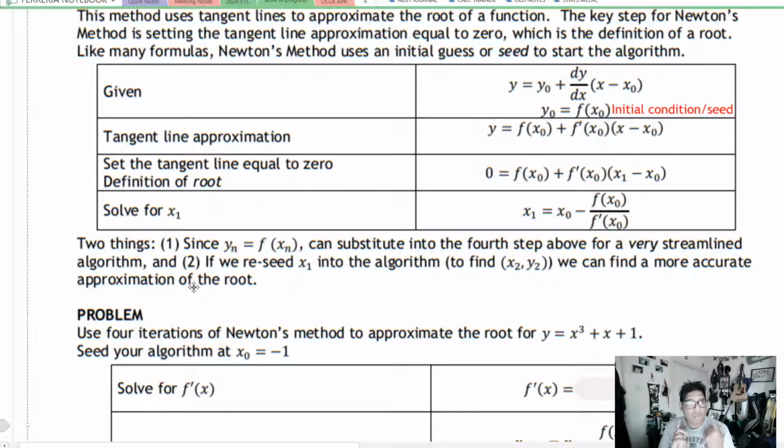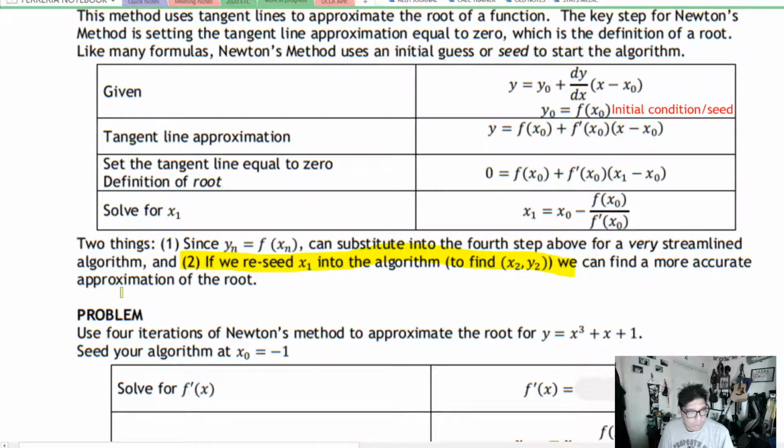Firstly, since the y coordinate is just equal to the function, you can just substitute the function right into here, and then the derivative right into there, and then you get a really nice streamlined algorithm. And then number two, and maybe the most important thing here, is if you then reseed your new value, you can even get a better approximation of the root.